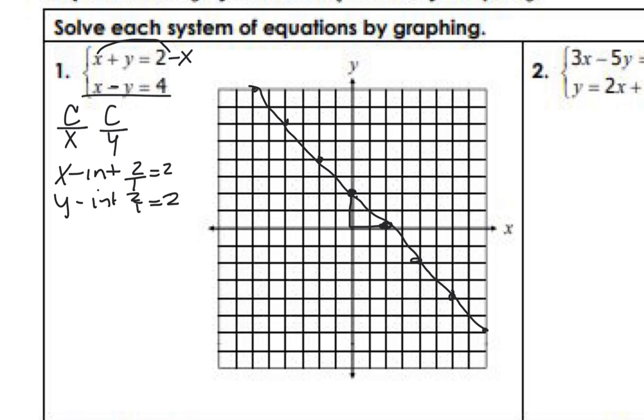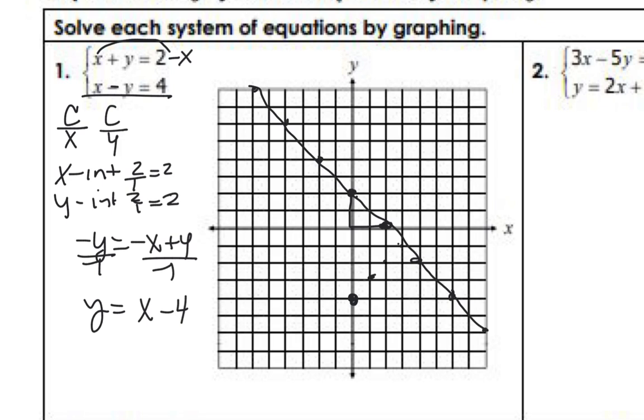All right, for the second equation, if you had -y equals -x plus 4, divide by -1, so y would equal x minus 4. So the y-intercept is at -4, and the slope is +1.